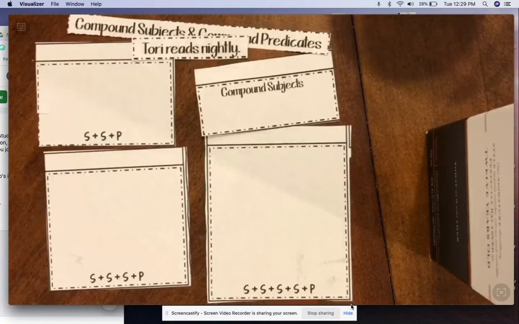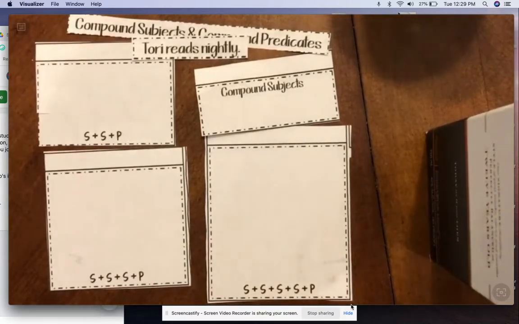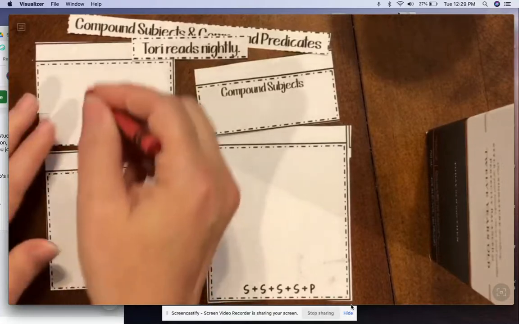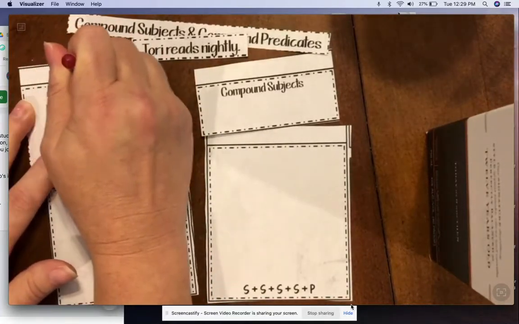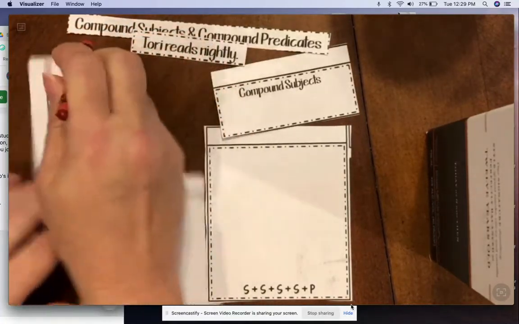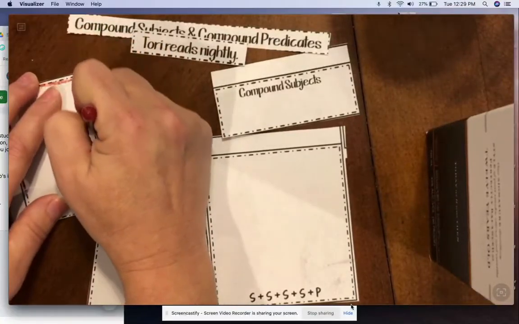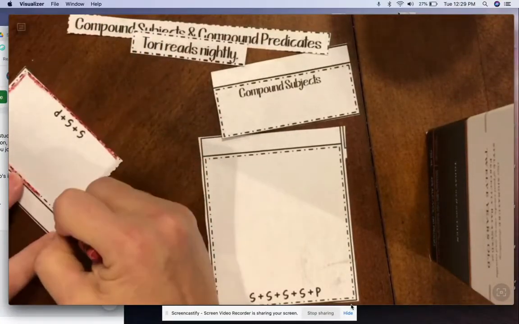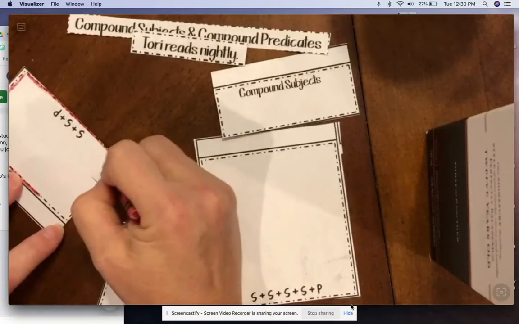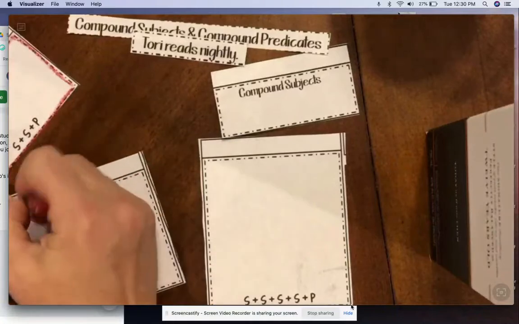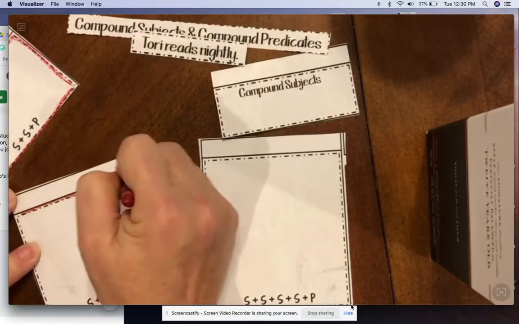Once you have that cut out, you're going to take your red crayon today, and we're going to mark around each one of these areas with red. We're going to do a little bit of color coding today. All of these need to have a red box.